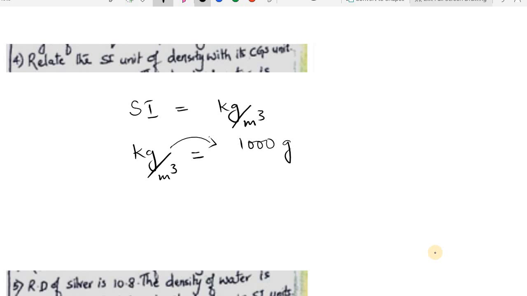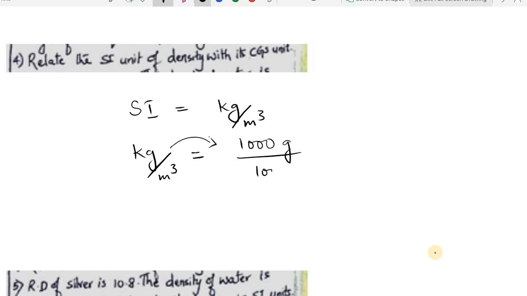Next one, relate the SI unit of density with its CGS unit. The SI unit of density is kilogram per meter cube. If I were to convert the kilogram per meter cube to gram per centimeter cube, which is the CGS unit, then 1 kilogram would be 1000 gram, and for meter cube, 1 meter is equal to 100 centimeters.